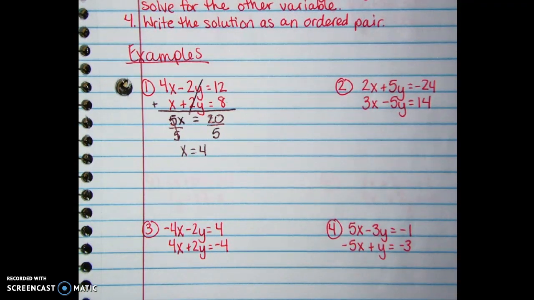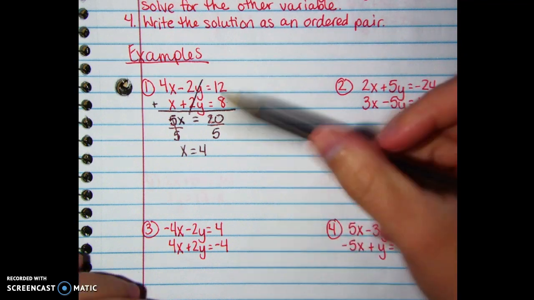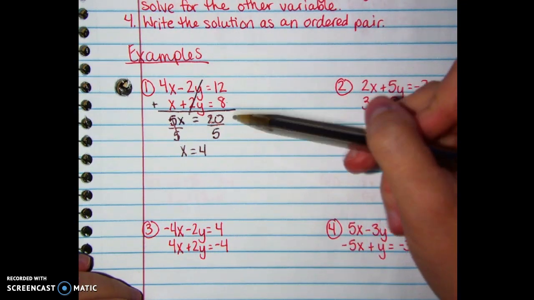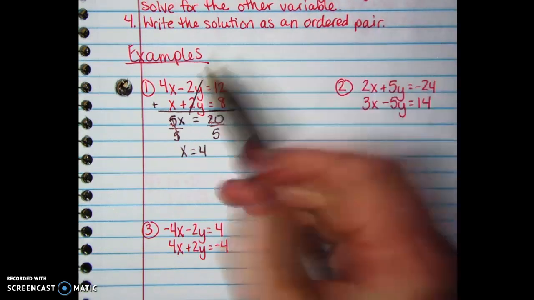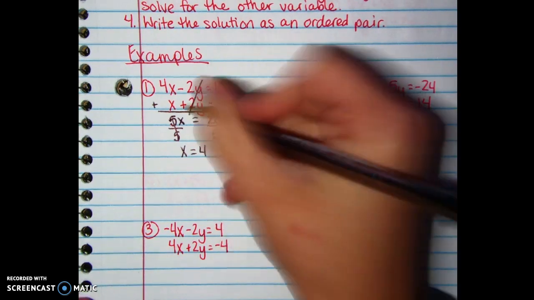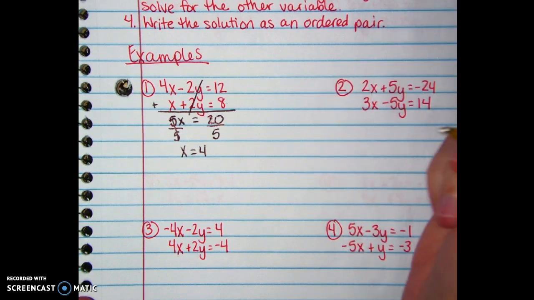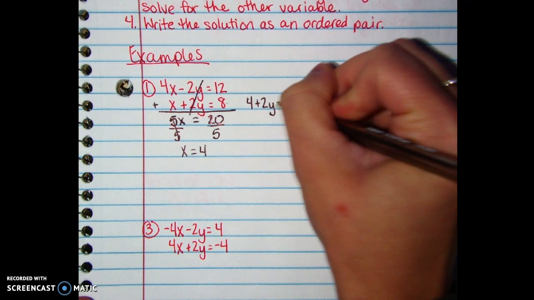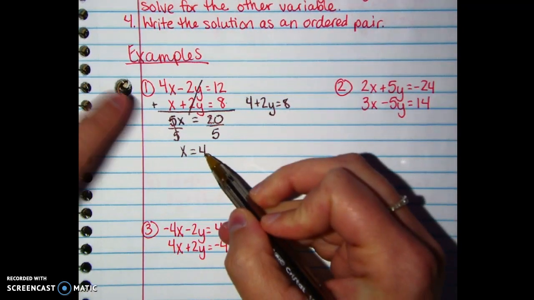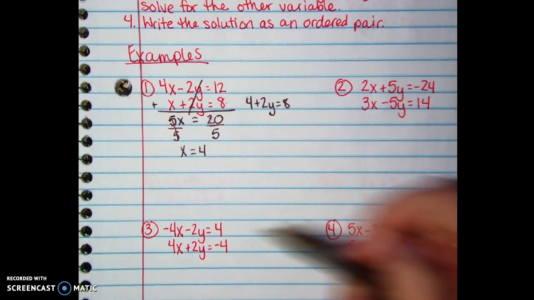Okay, now I need to solve for the y. And you can plug in the 4 into either equation. It really doesn't matter which one you choose. I'll use the bottom one. So instead of x plus 2y equals 8, it's now going to be 4 plus 2y equals 8. I took that 4 and plugged it in for that x.